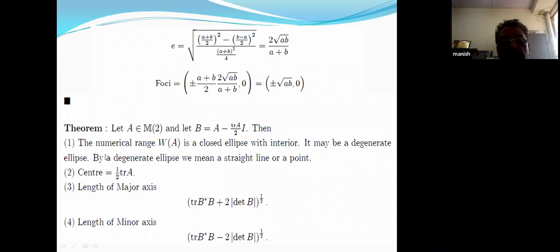It may be a degenerate ellipse. By degenerate ellipse, we mean either a point or a straight line. So the numerical range of an arbitrary 2 by 2 matrix is either a point, a straight line, a disk, or a closed ellipse.